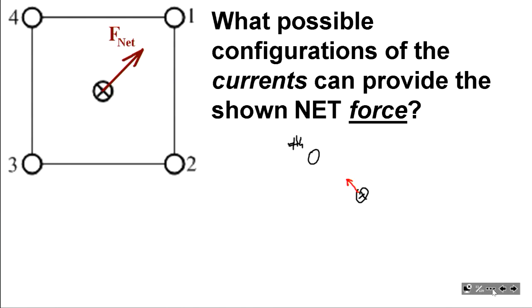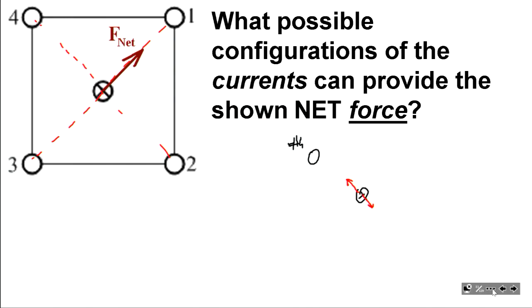So the individual force can point only diagonally toward wire 4 or away. So in this picture, there might be only 4 individual forces, 2 along one diagonal and 2 along another.